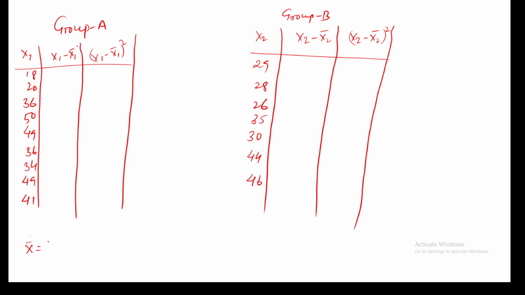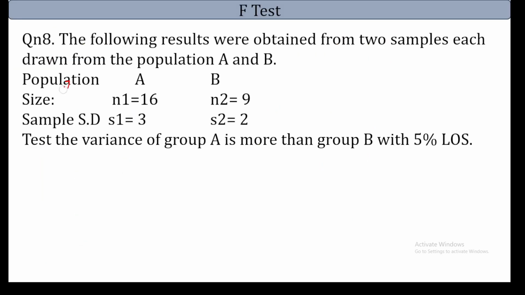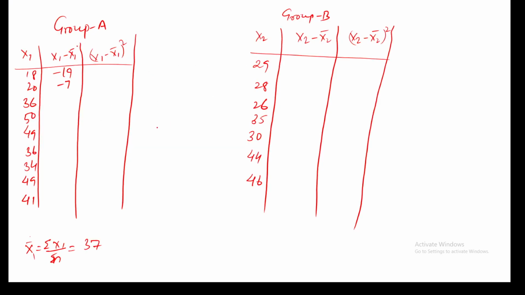Can anyone say x bar? 37. So we will have minus 19, minus, sorry, minus 1, minus 3, 12, 4.